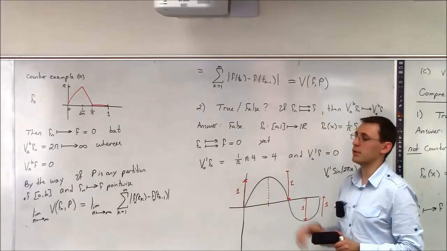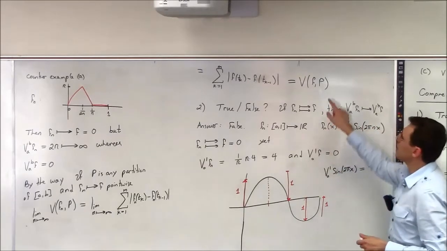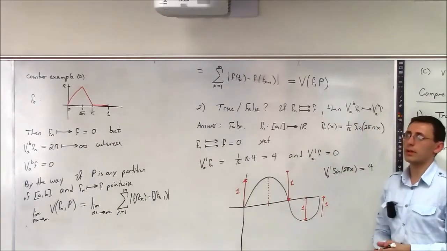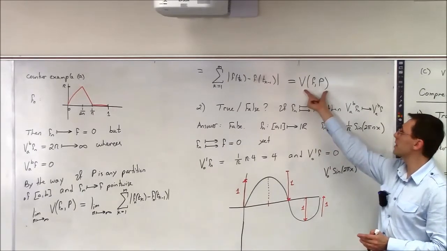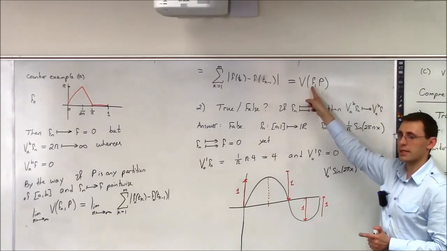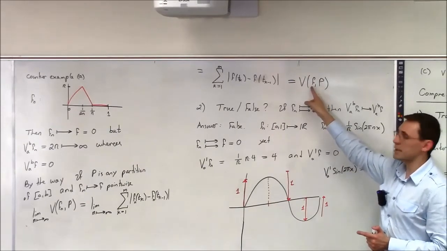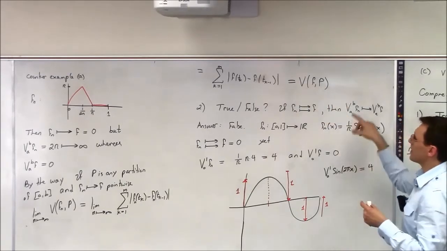Again, it's a little subtle. What do you do when you think of variation? You think of approximating the variation by something like this. Take a P, approximate the variation of f. For this P, this is pretty much the variation of f, almost the same as the total variation.